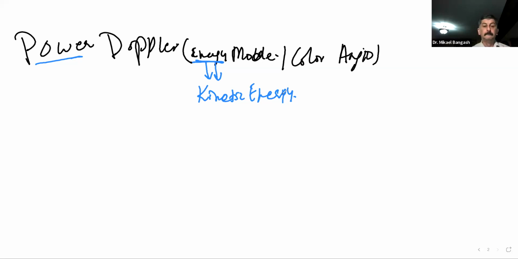Is that clear? And what we mainly said kinetic energy was going to determine was speed.